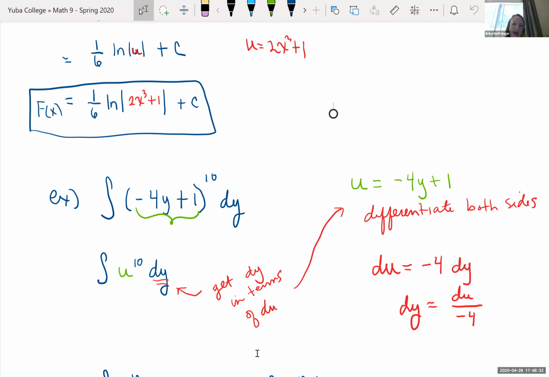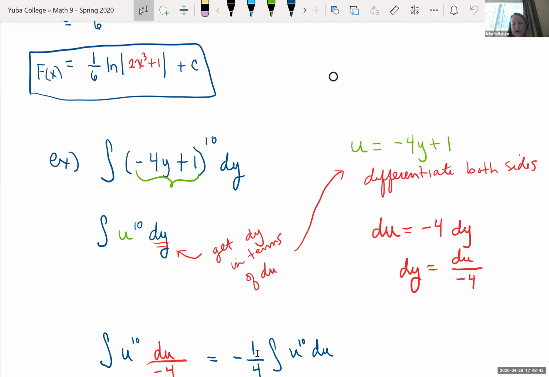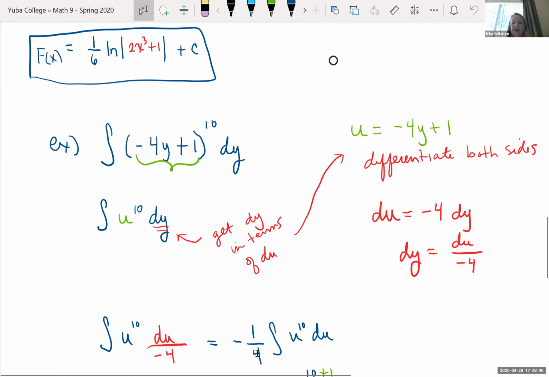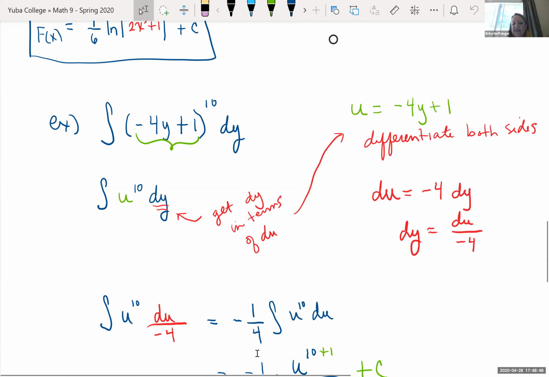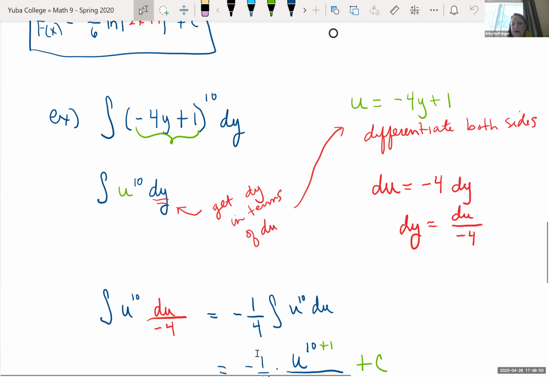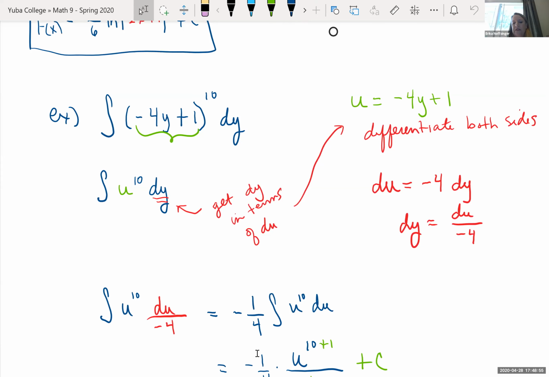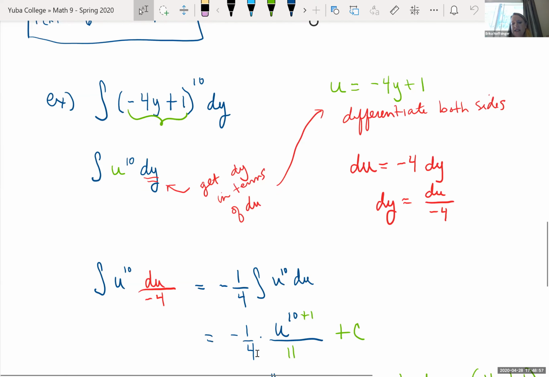And now you're going to go back in and substitute what you had chosen. Plug in what you chose u to be, and plug in the du. And so now you just have the integral of u to the 10th times du times -1/4. If you pull the -1/4 out front, add 1 to your exponent, divide by your new exponent, and add c.